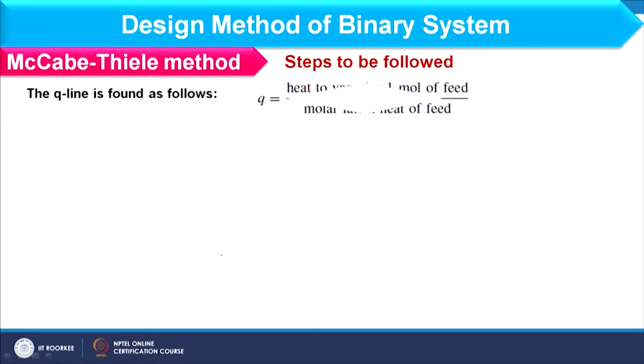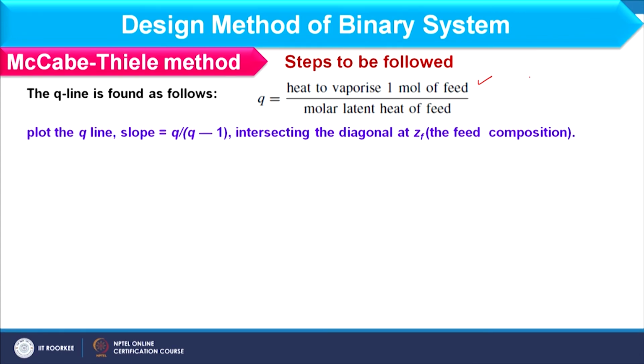And this Q line can be considered as Q equal to heat to vaporize 1 mole of feed divided by molar latent heat of feed. Okay.